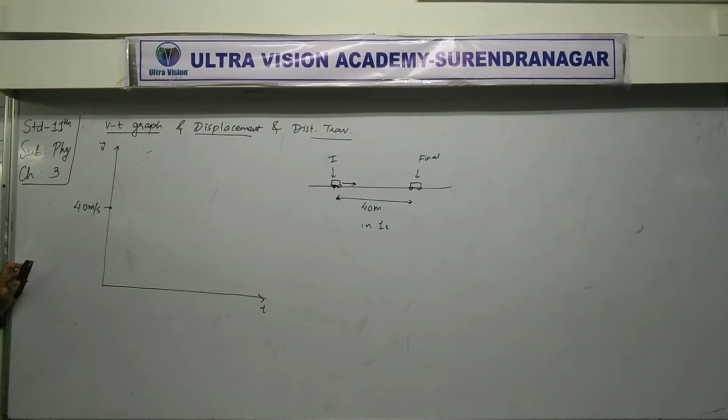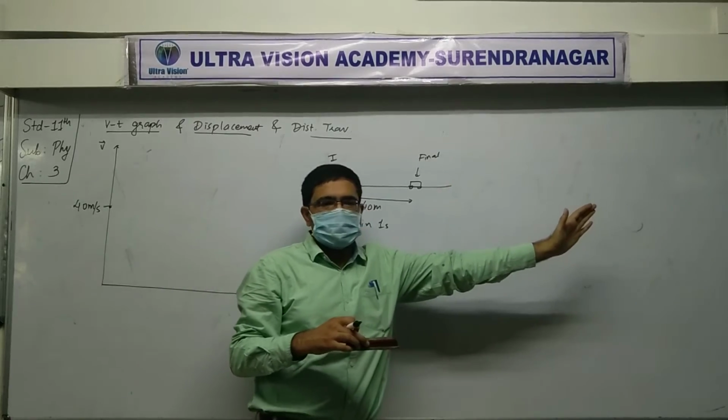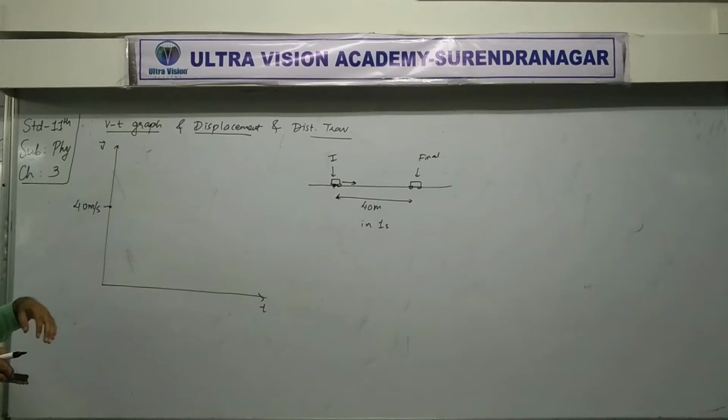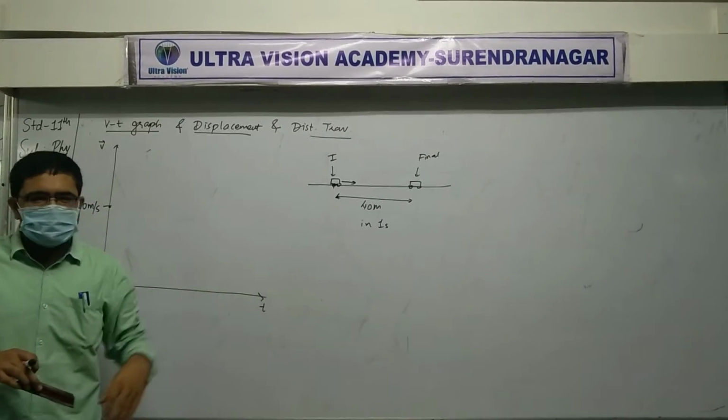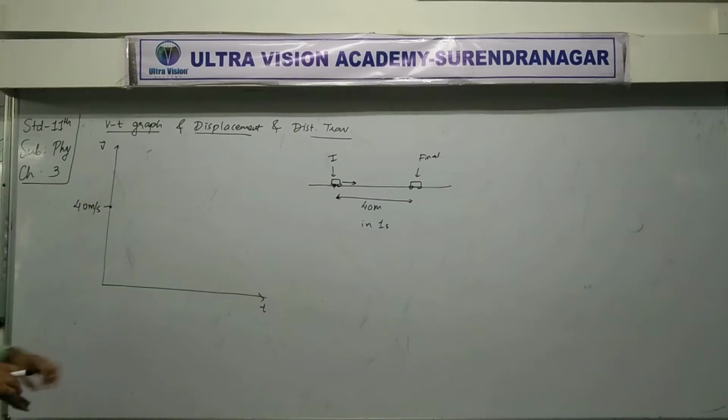It is delta x by delta t, that is displacement divided by time. So distance traveled is not our concern. What is important is displacement. So we are saying that it is having a displacement of 40 meter, 40 meter, 40 meter every 1 second. And we are obviously assuming simple cases, so you might say distance traveled is same as displacement because it's traveling in a straight line. But in general, all that is not required.